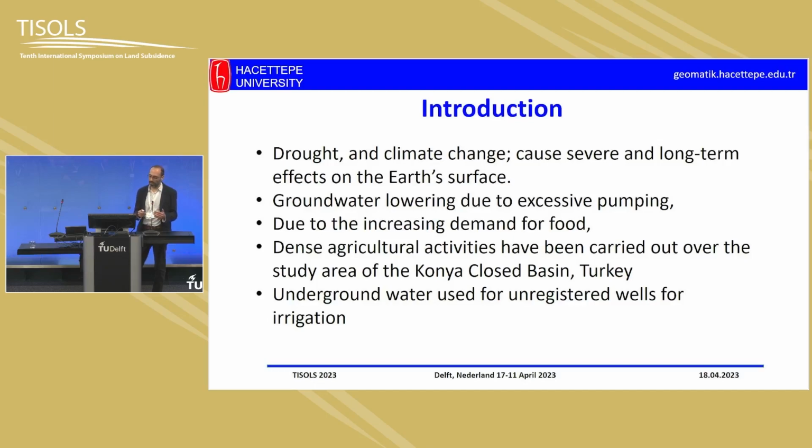The study area covers the Konya closed basin in central Anatolian Turkey. There are some registered wells, but also unregistered wells. This is also triggering the decrease of the water level.